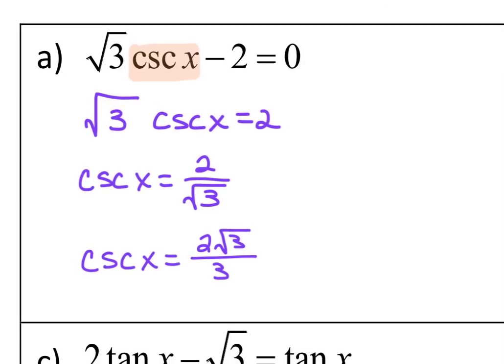Now, your answers for all of the problems on this page are going to be an angle, because your x value here is the angle, and you're solving for x, so you need to find out what the value of x is. And so you have one more step to do, and in this case, in the first quadrant, cosecant of 60 is 2 radical 3 over 3.